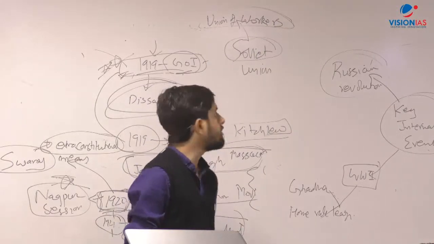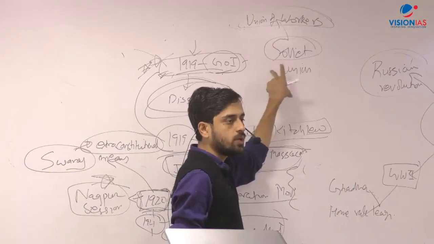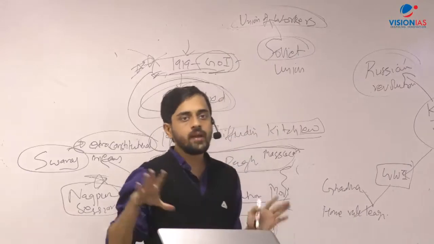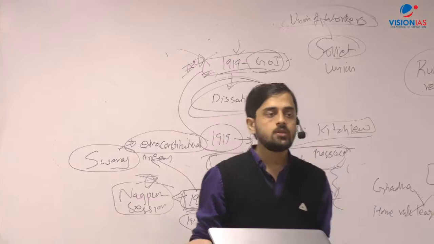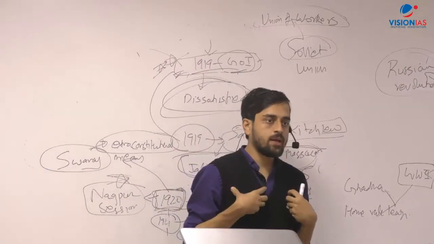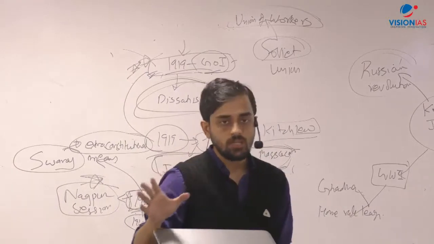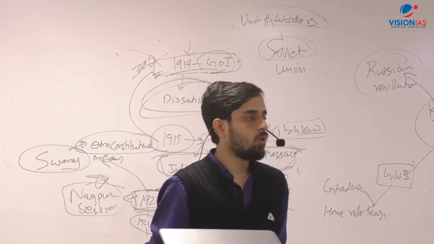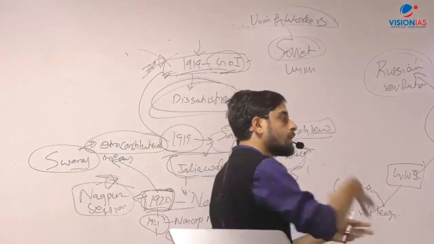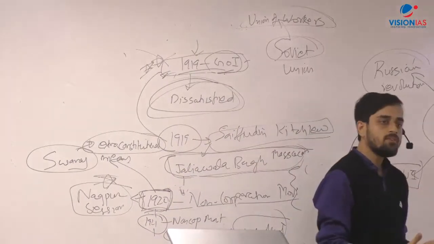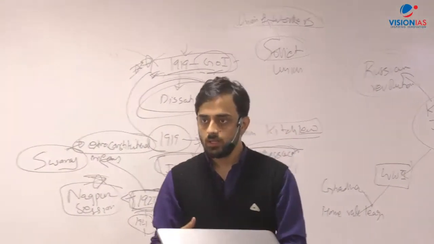So the Soviet Union is a union of workers, meaning it will be a country where power will be in the hands of workers. Political power, economic power, everything will be in the hands of workers. So even the ownership of industries would be in the hands not of any individual capitalist, but the workers. Those who work in the steel factory would own the steel factory. Those who work in the cottage industry or in the textile industry will own it.